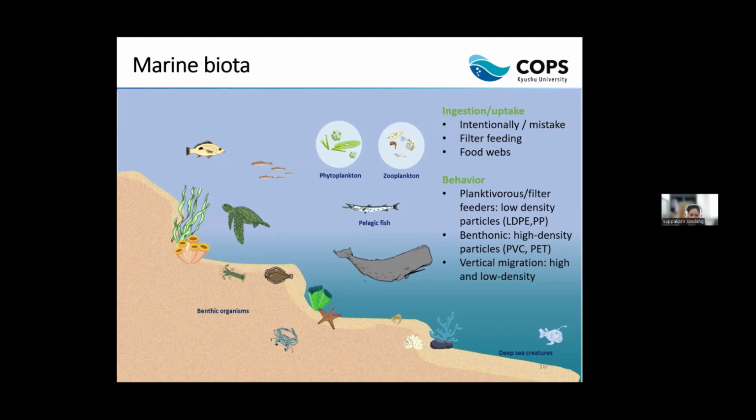This slide I'm sharing is about what to consider before you conduct any research on marine biota. Please consider their behavior. For example, in this figure you can see different kinds of organisms, from plankton, to nekton, to the benthos.